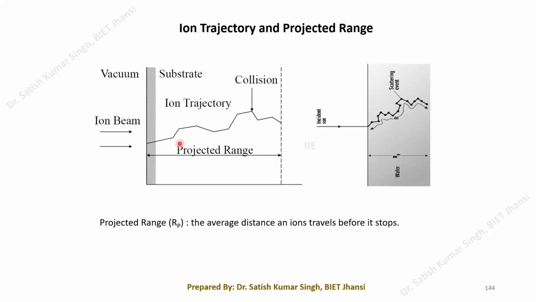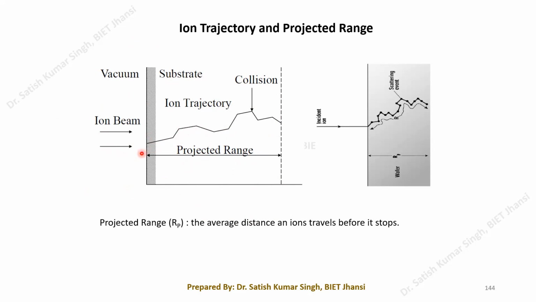So basically I will call this the target material. The substrate may be called the target material, and here we have the ion beam. The target material has its own arrangement of atoms, and because of the interaction of the ion beam with the atoms, and also with the electrons available in the target material, the ion beam path may get deflected many times.